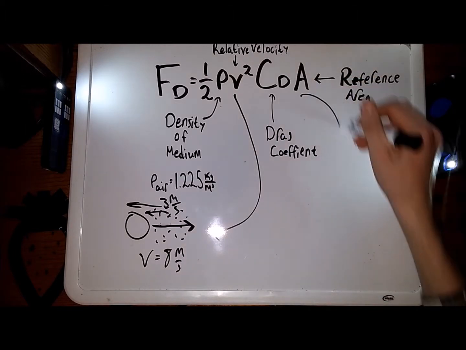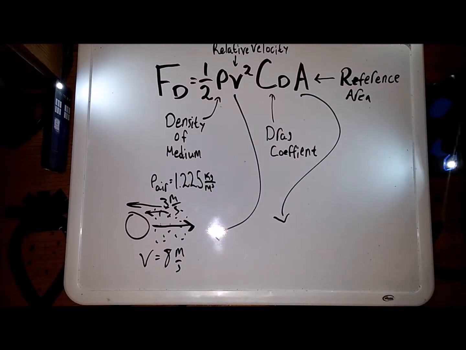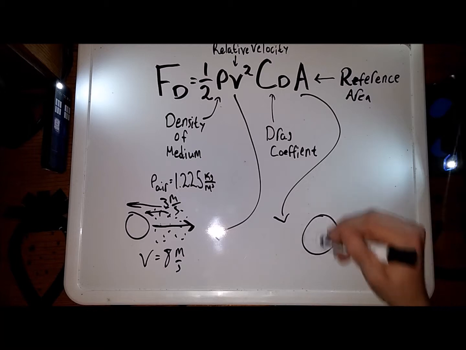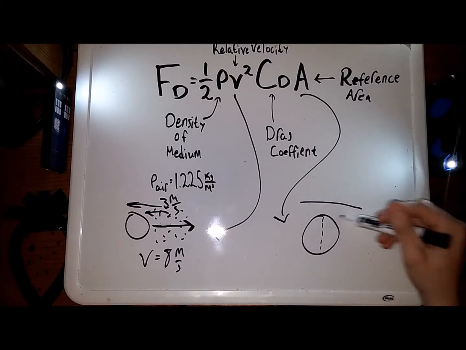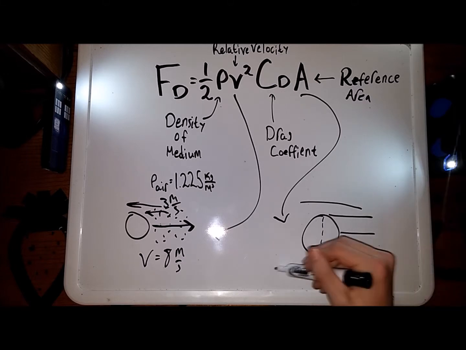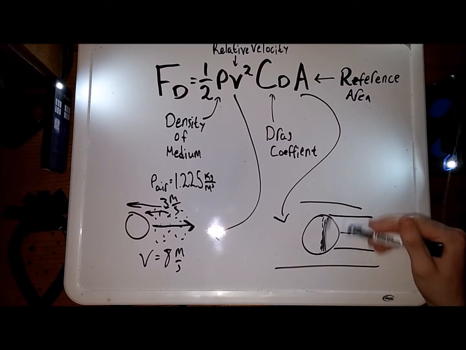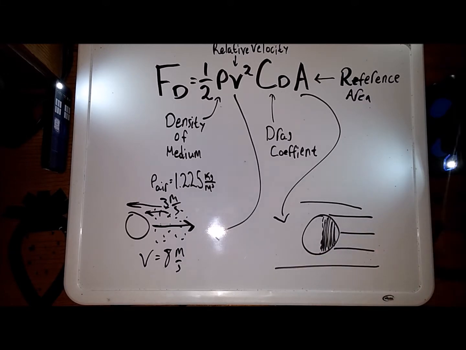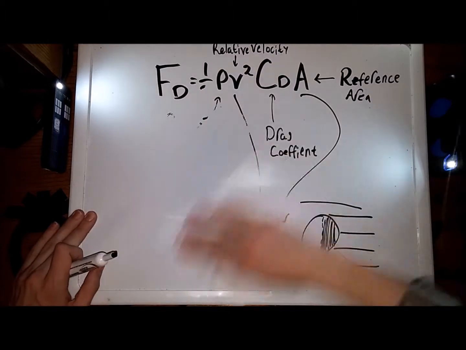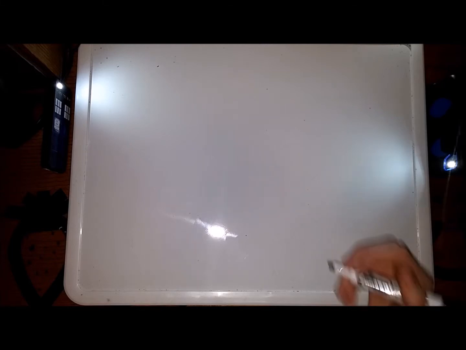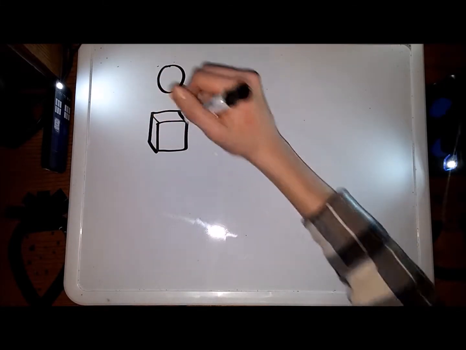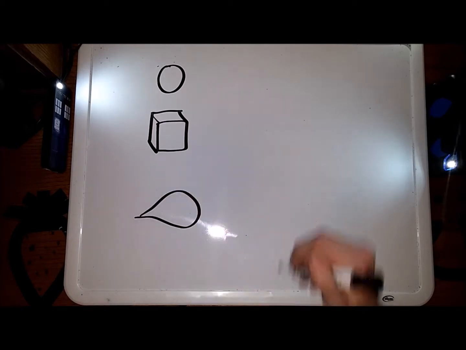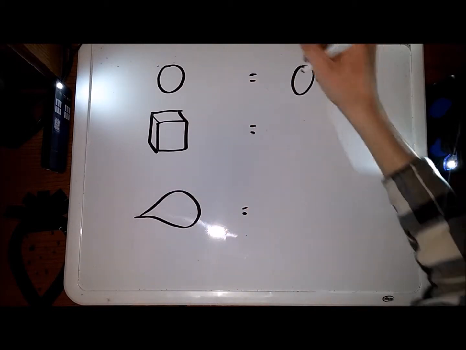An object's reference area is the surface area of the object that is actually affected by the drag. For example, if a sphere is moving through a fluid, only 1/2 of its surface area will come into contact with the medium. The drag coefficient is a dimensionless quantity which serves to quantify the force of drag on an object, usually dependent on its shape.